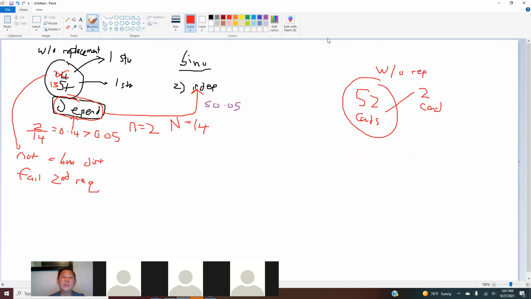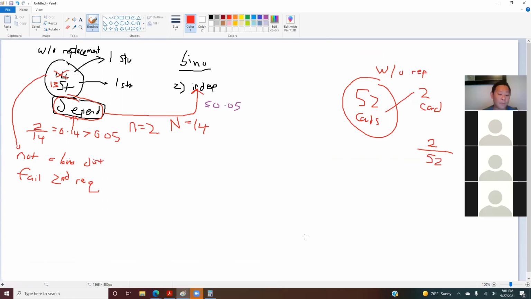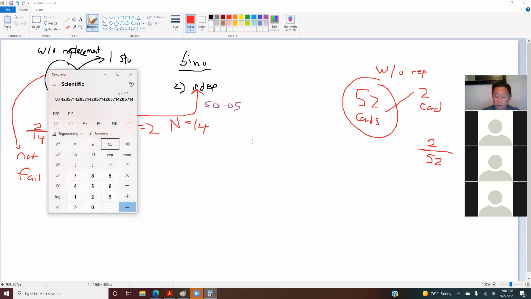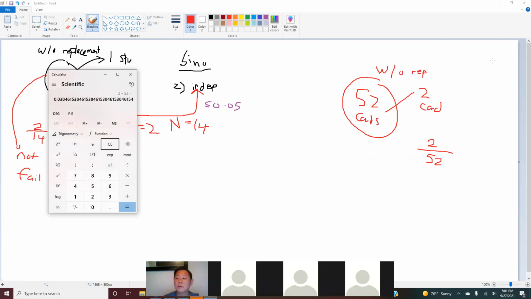What we do here is take n divided by capital N. So you take 2 divided by 52. What is this number? 2 divided by 52 is 0.038.